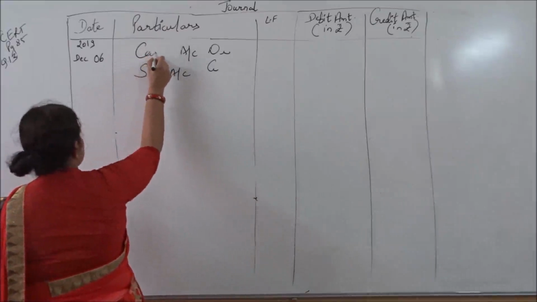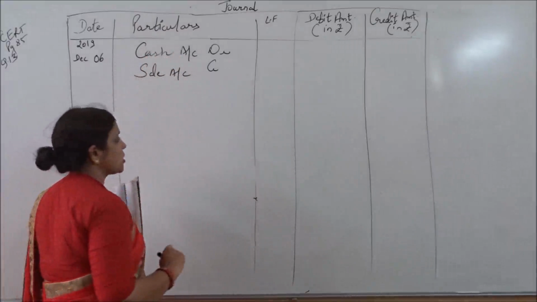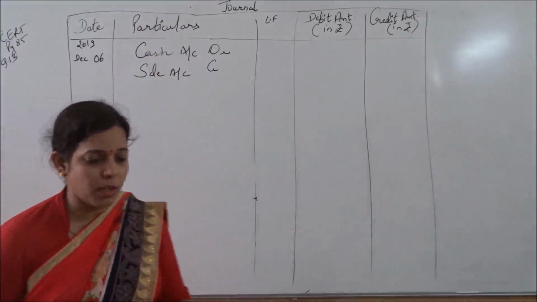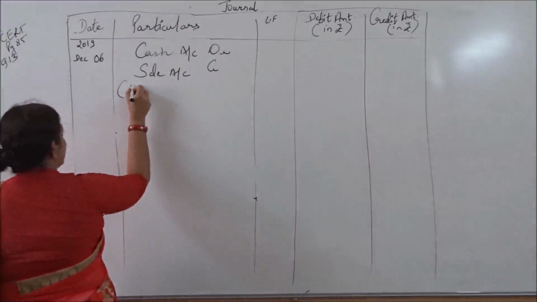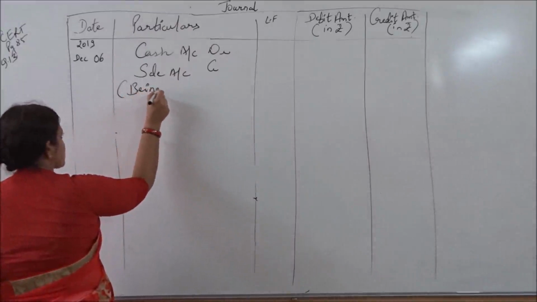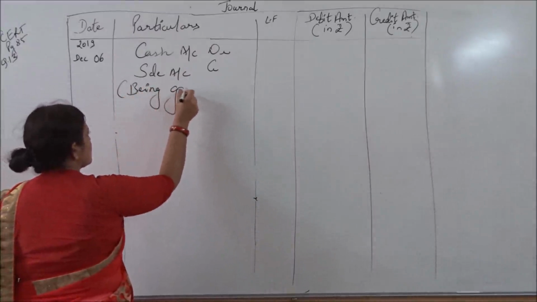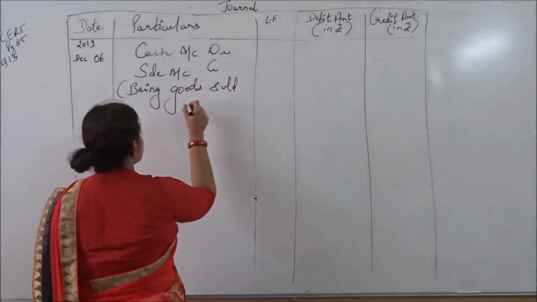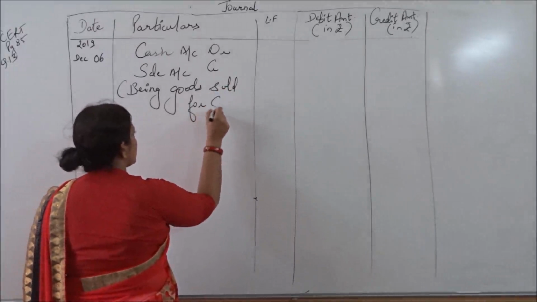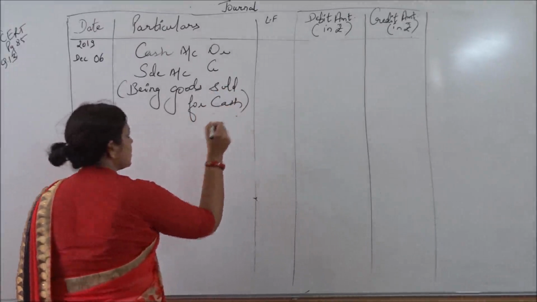What is coming in the business? Cash. So cash will come. You will write cash account debit, sale account credit. Being goods sold for cash.